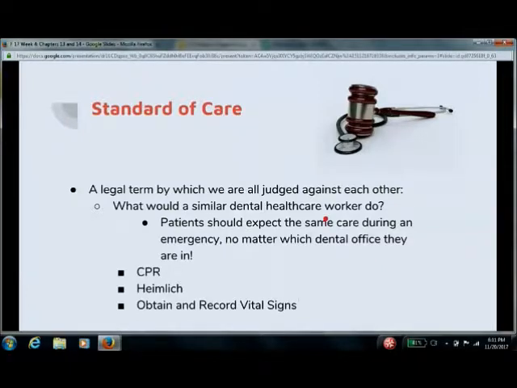Kelly? Yep. What if we are already certified? If you're basic life support certified for healthcare provider, if you're BLS for healthcare provider, you're all set. If you're just CPR certified and not BLS for healthcare providers, you've got to take it again.